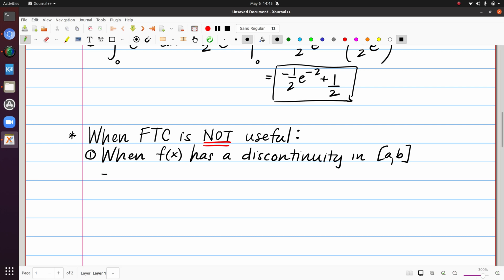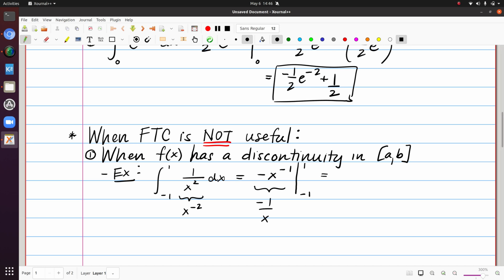So to illustrate this, I'll point out an example: if we were to integrate from -1 to 1, 1 over x squared, right? That's x to the minus 2. Well, an antiderivative of x to the minus 2 is certainly negative x to the minus 1. So, right, that's negative 1 over x.